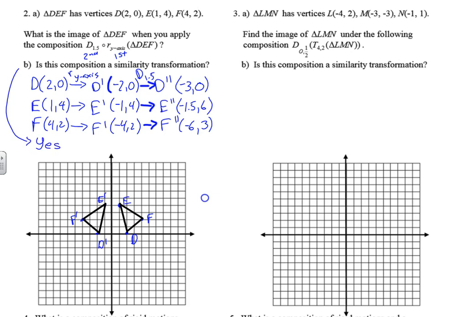And the answer is yes, because a reflection and dilation map the pre-image onto the image and are a similarity transformation.